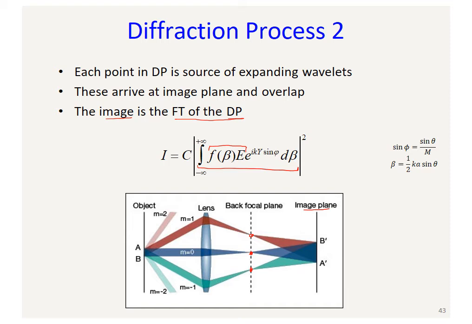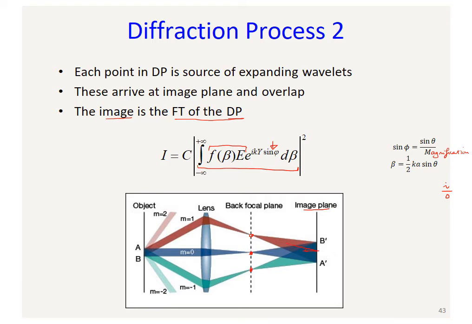Just to remind you, the angle here, sine phi, is given by sine theta divided by M, where I'm using a capital M now to indicate magnification. That's the magnification that's given by the ratio of the image distance to the object distance. The angle phi is indicated in this diagram here.